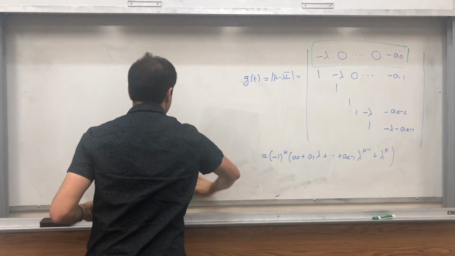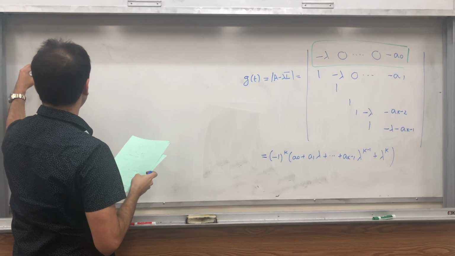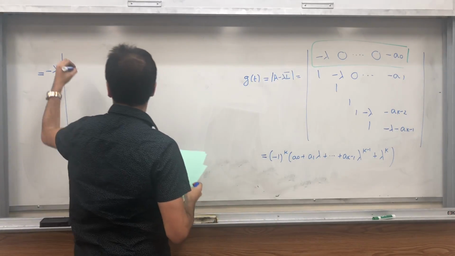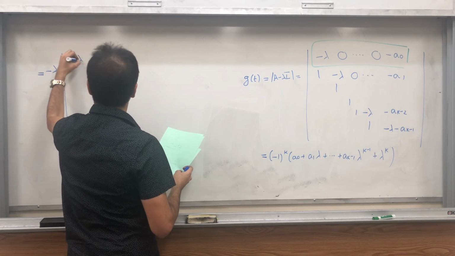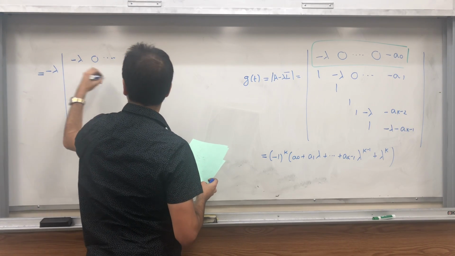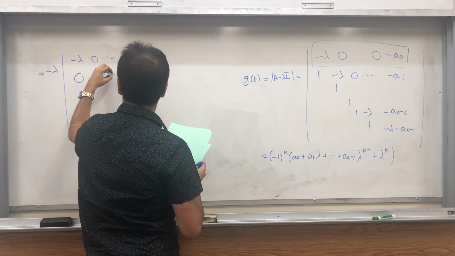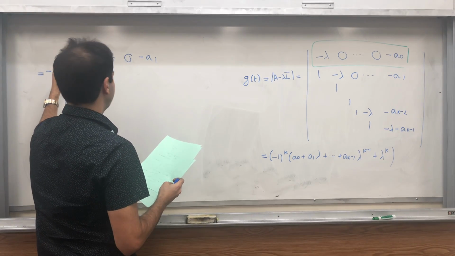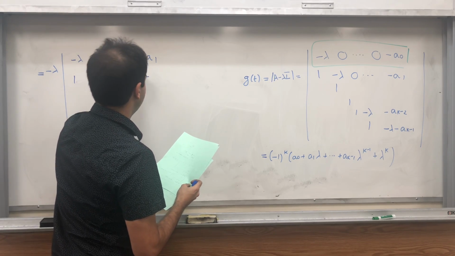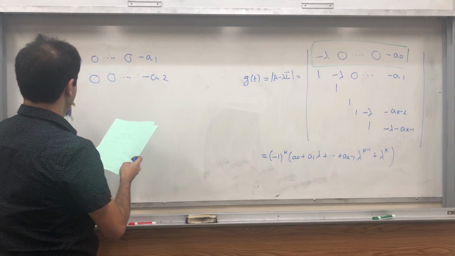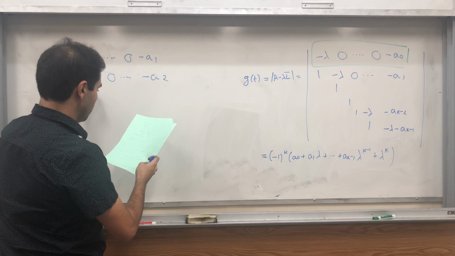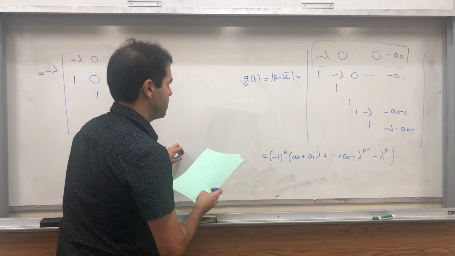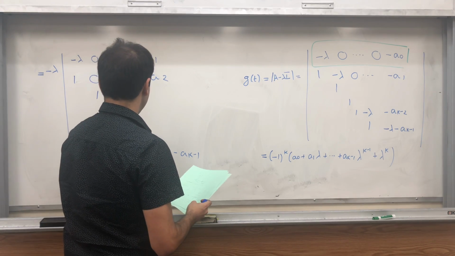Because if you expand along the first row, you get a minus lambda times the determinant of really the same matrix, with minus a1, then minus a2, and then just a bunch of ones basically, and then minus lambda minus a_{k-1}, and minus lambda is also everywhere.